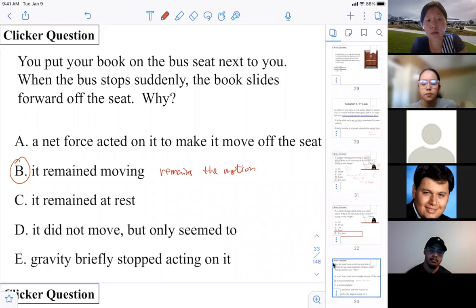So that unbalanced force is changing the status of the bus, making it slow down or stop completely. But the book doesn't have that force, right? So the book will remain at that same 30 miles per hour unless it's being acted upon by another force. In this case, it will hit the floor and eventually stop. It will eventually slow down, right?